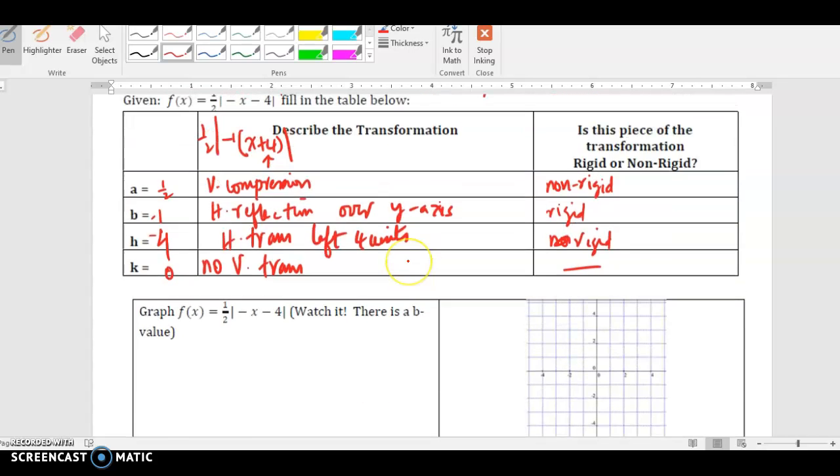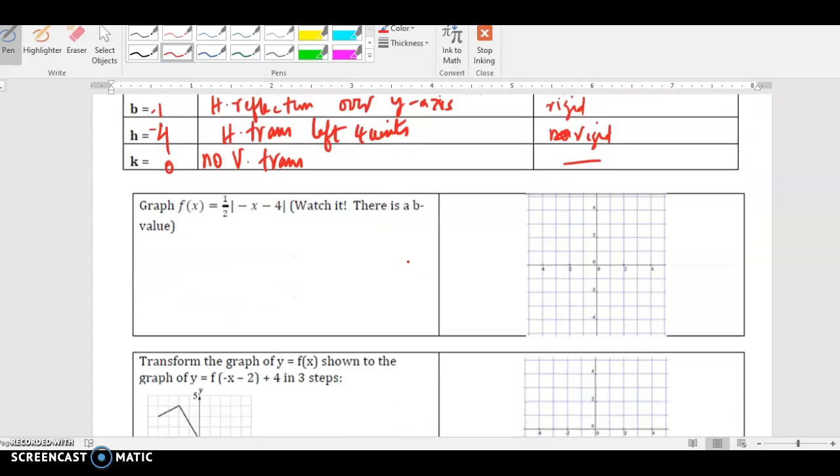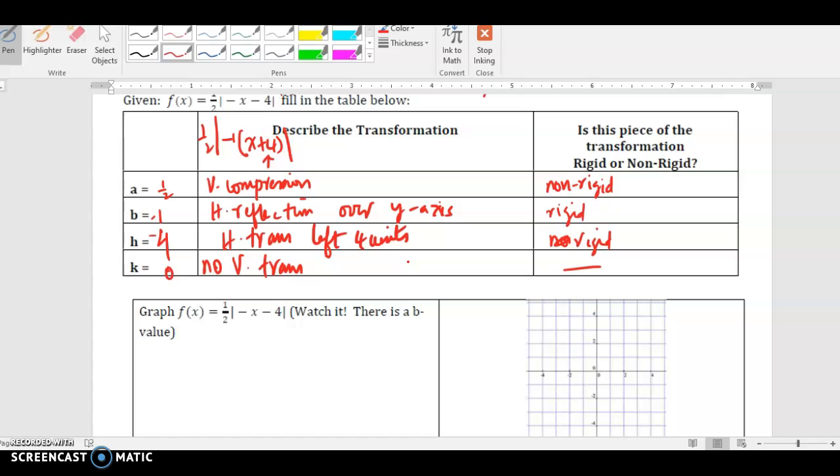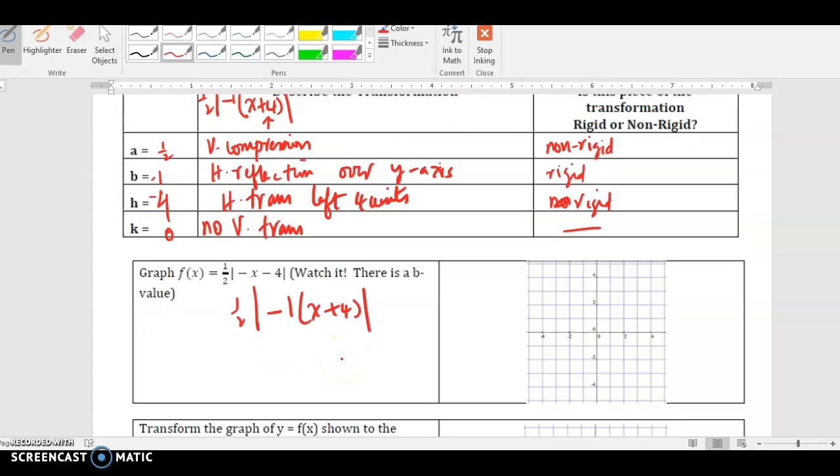Okay, as I told you, when you want to graph this, this is the same function as the other one. So half, pull the negative 1 out. So it's actually going to the left 4 units. So somewhere here, and there is a horizontal reflection. It will not show much horizontal reflection on an absolute value function. It will not show up actually.